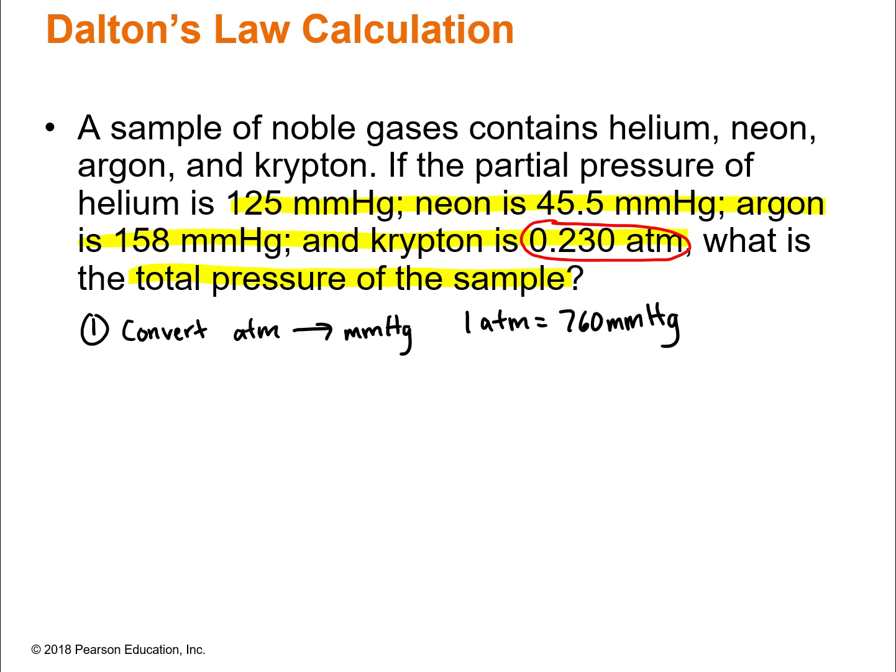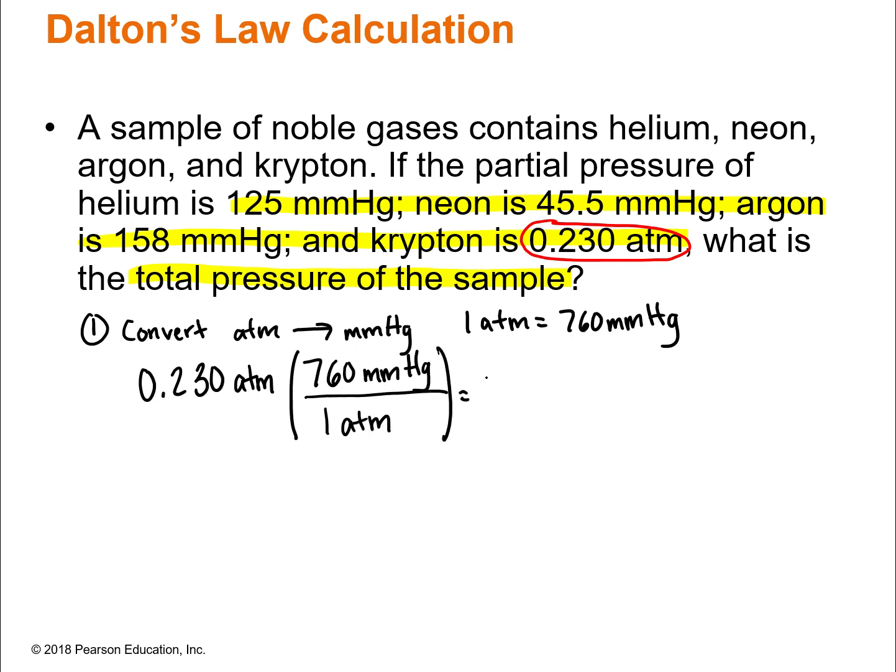That's just cruel. So our partial pressure for krypton is 174.8 millimeters of mercury. Now, I didn't do any rounding here because that's not our final answer.